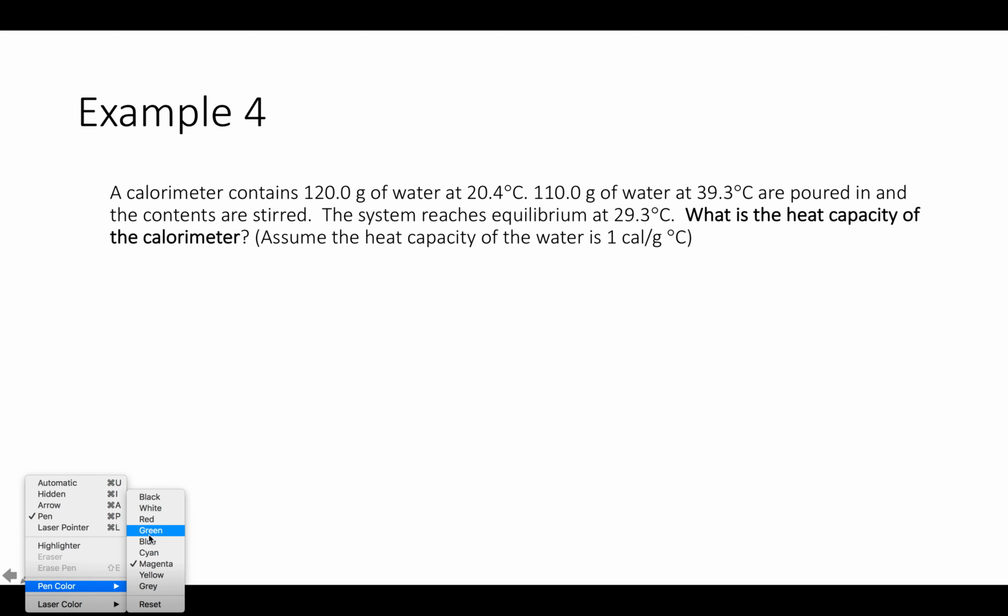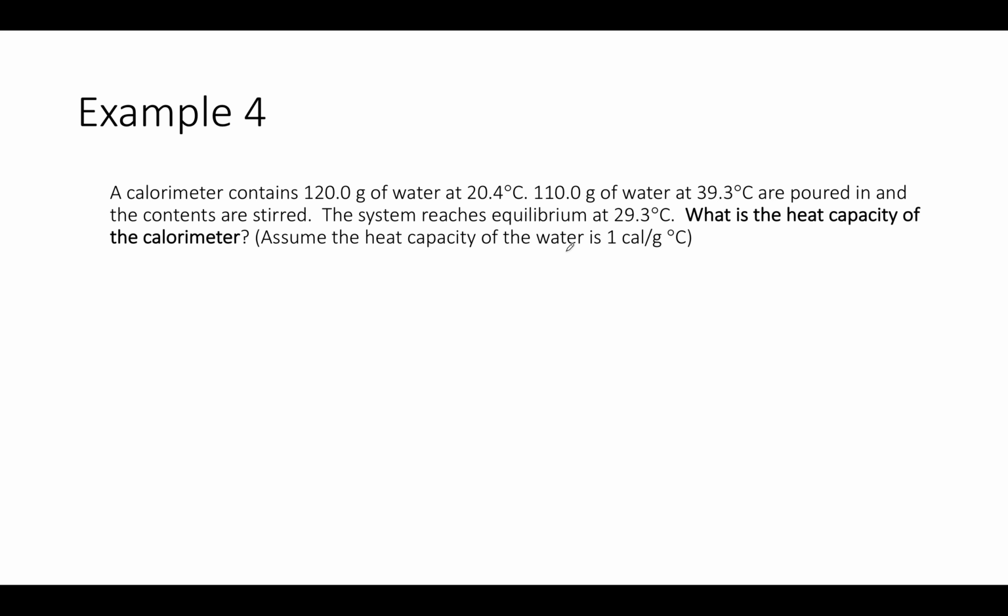I'm also telling you that the heat capacity of the water is 1 calorie, so it's no longer in joules. So this is interesting because instead of having a metal, some water, and a calorimeter, we actually have two waters. We have water A, water B, and the calorimeter. So let's plug in what we know.